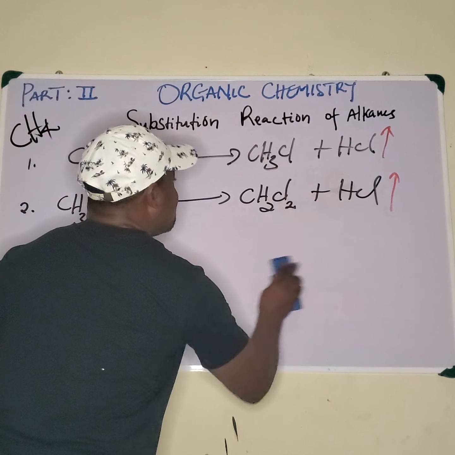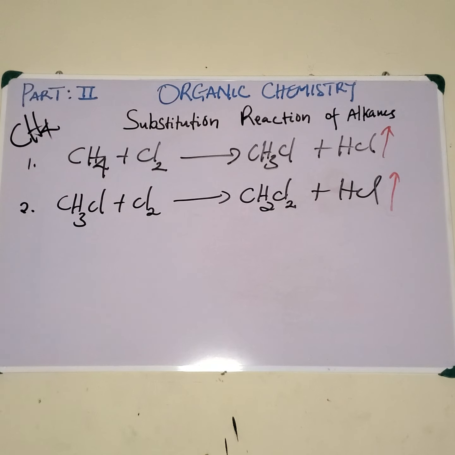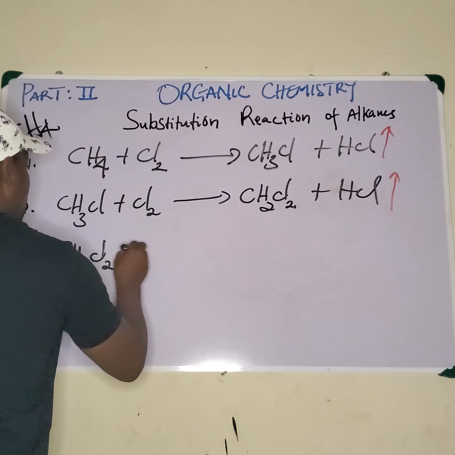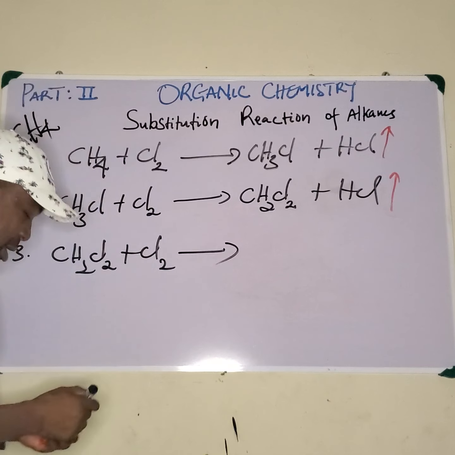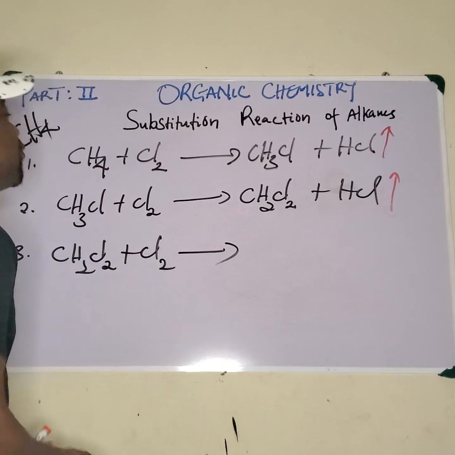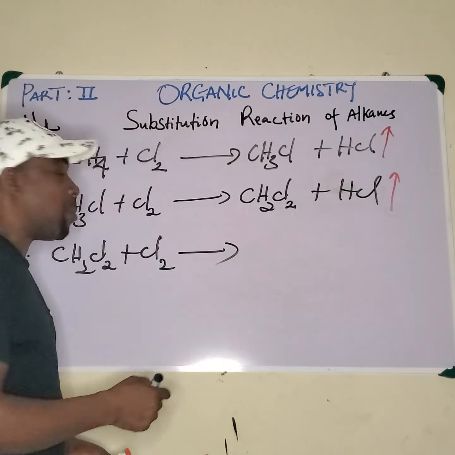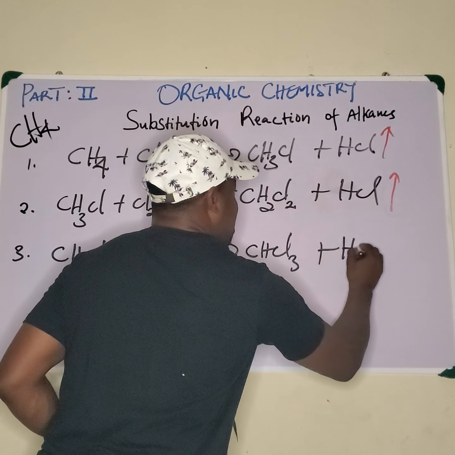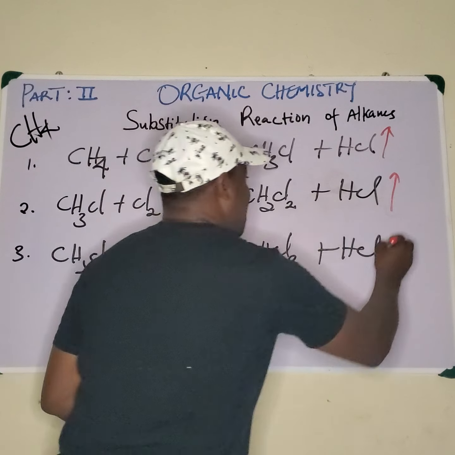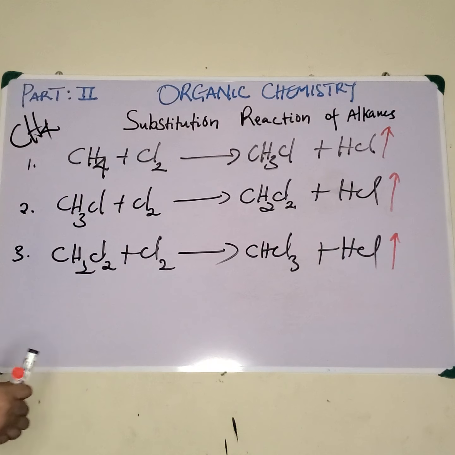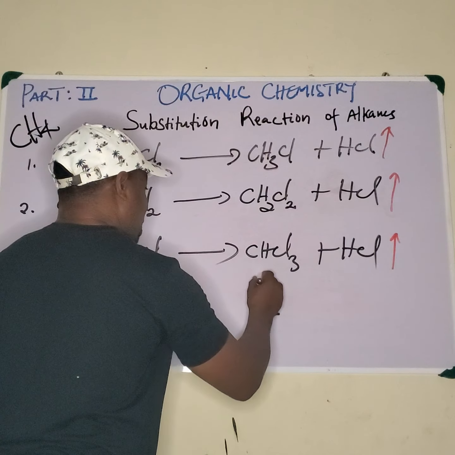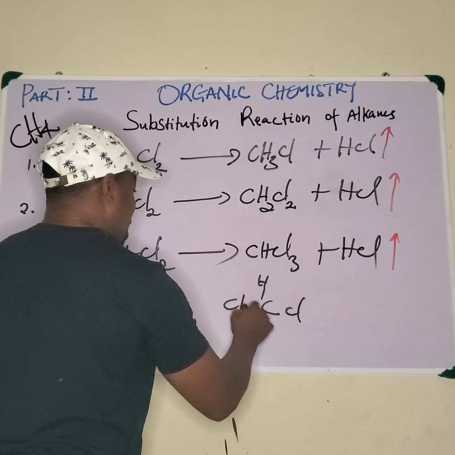Now, if you subject 1,1-dichloromethane to the same reaction, CH2Cl2 plus a chlorine molecule, chlorine will continue to substitute hydrogen atoms attached to this parent hydrocarbon. So we are going to have CHCl3 plus HCl. HCl is always liberated. Now look at the structure: we have C, we have H, and we have three Cl.